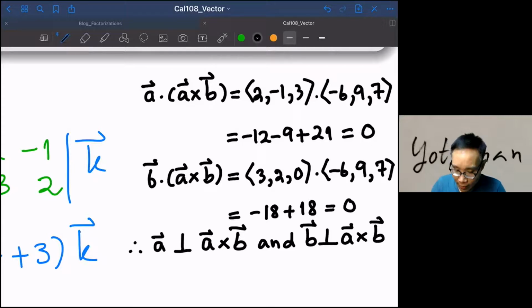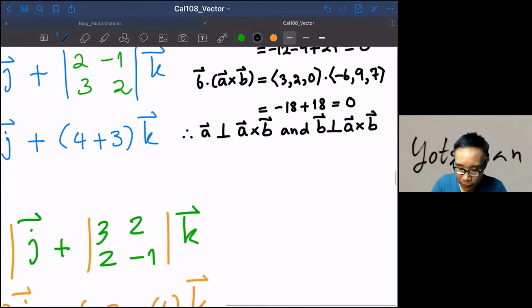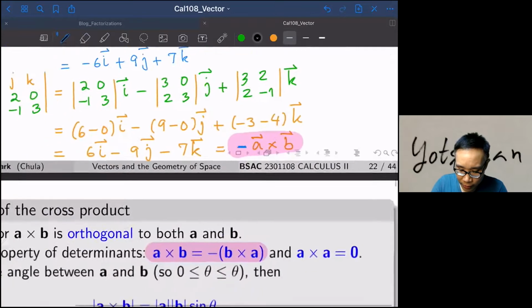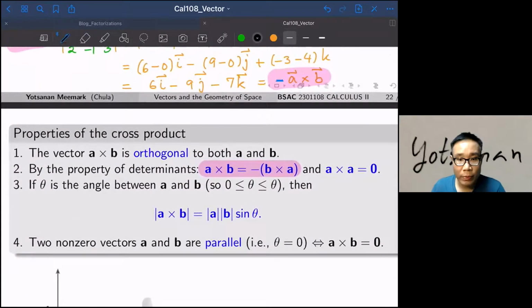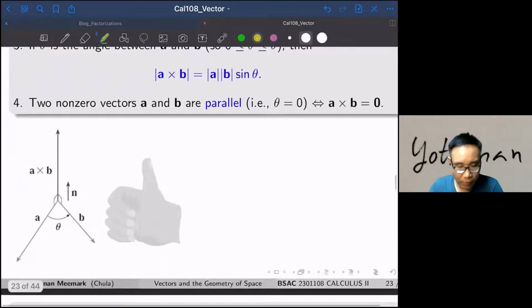That will be another important property, the first property we have here: the vector A cross B is orthogonal to both A and B. That is this picture.